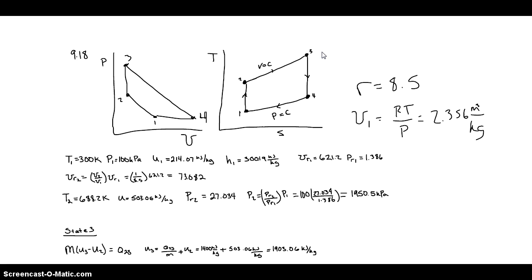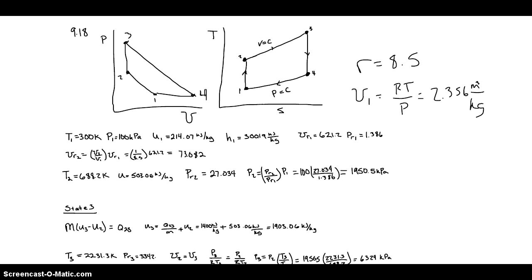Then process 3 to 4 is isentropic expansion, and your entropy decreases with the decreasing pressure. And process 4 to 1 is constant pressure heat rejection, so this line right here is an isobar.